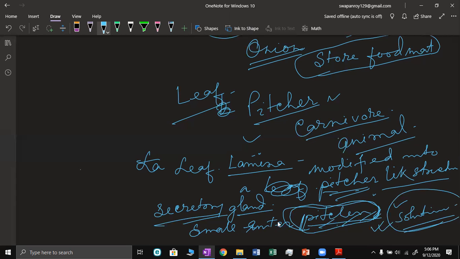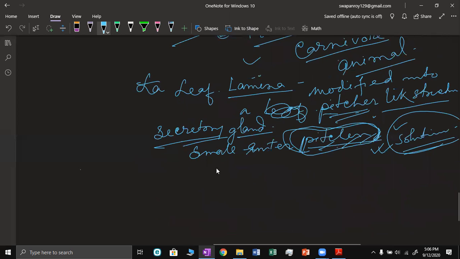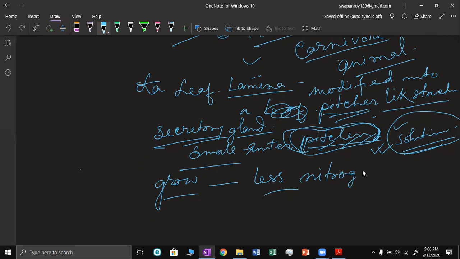These pitcher plants grow in places where there is less nitrogenous compound, less nitrogen in the soil.